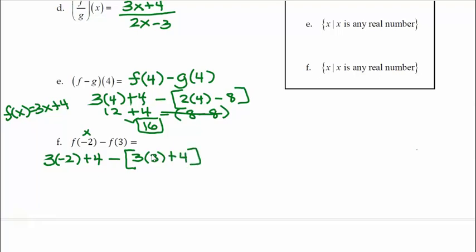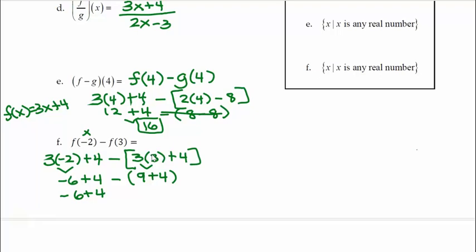Okay, and then let's simplify this. I multiply those together, I get negative 6 plus 4 minus, I've got to do this multiplication first, so that's 9 plus 4. I still have these parentheses that I need to get together, so that's 13.